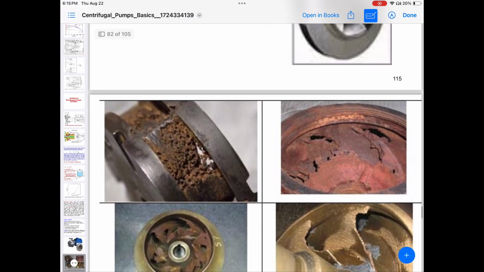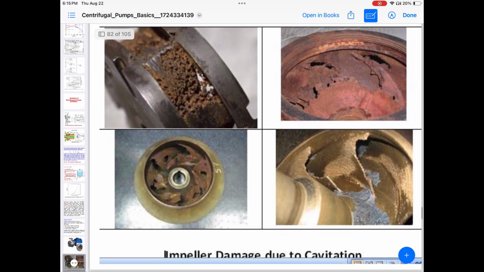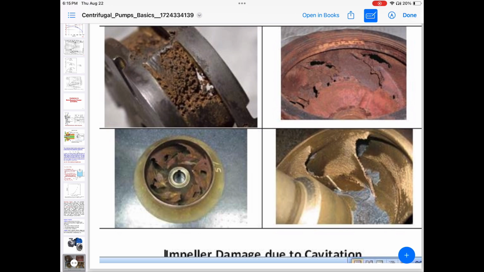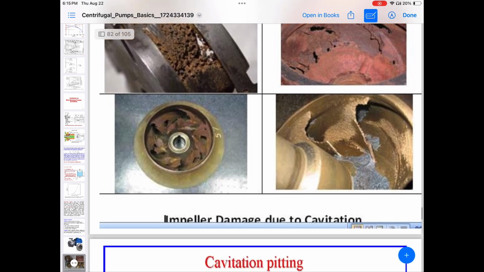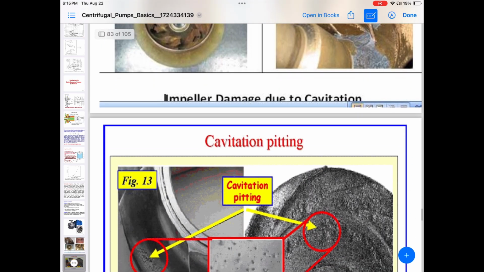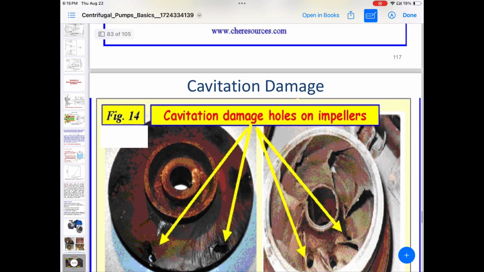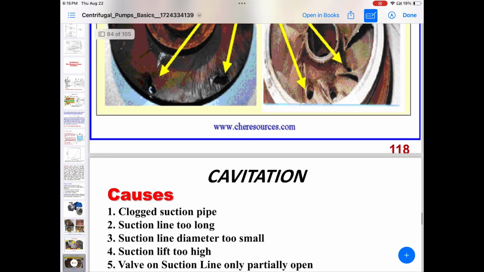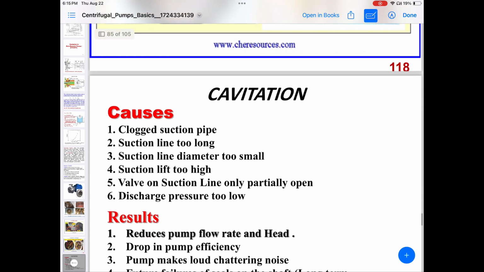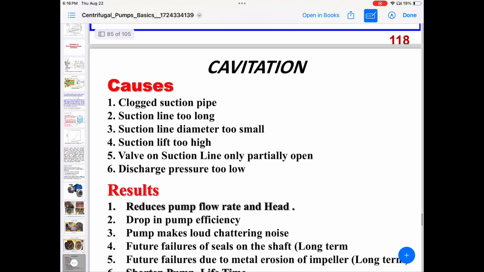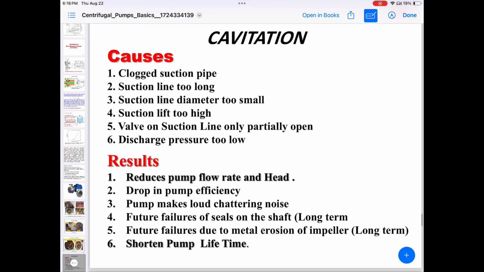We see this picture of impellers very corroded from cavitation problems. These parts are already broken on the impellers, with scratches and holes, and parts also bigger than this, caused by the suction pipe inlet too long, suction line diameter too small, or suction lift too high.